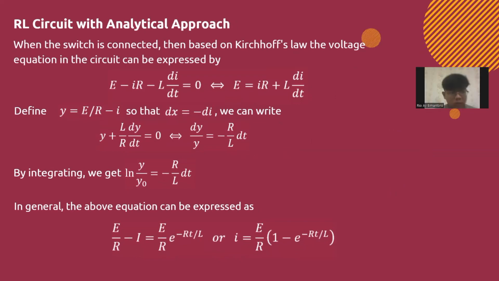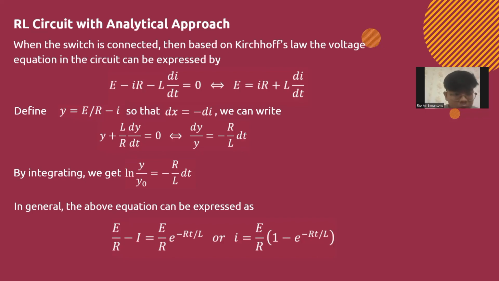Okay, now is about the RL circuit with the analytical approach. When the switch is connected, based on Kirchhoff's law, the voltage equation in the circuit can be expressed as E minus IR minus L dI over dt is equal to 0, which becomes E equals IR plus L dI over dt.